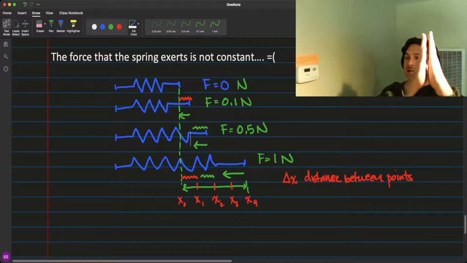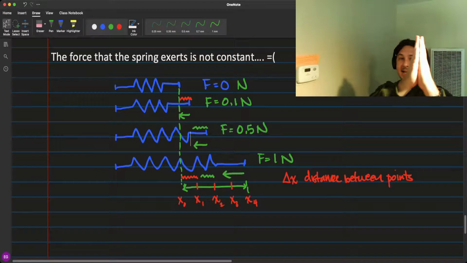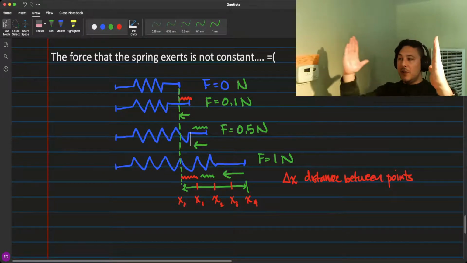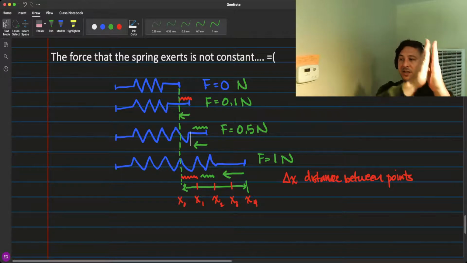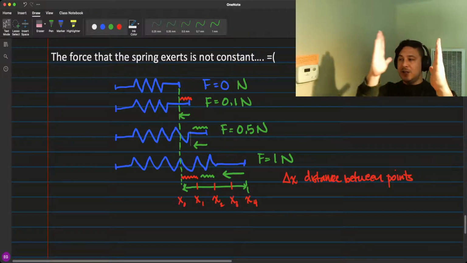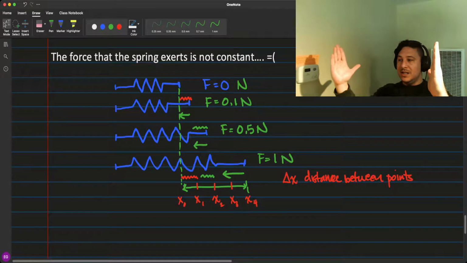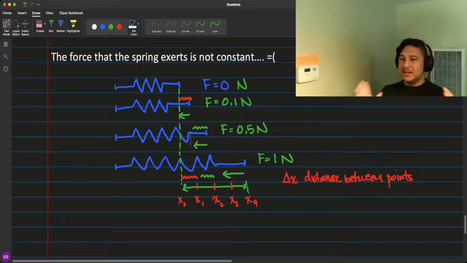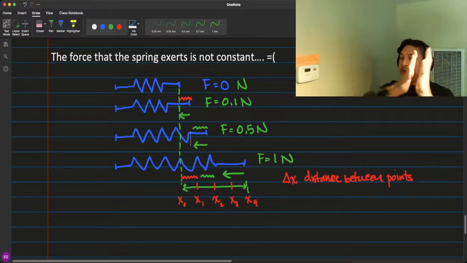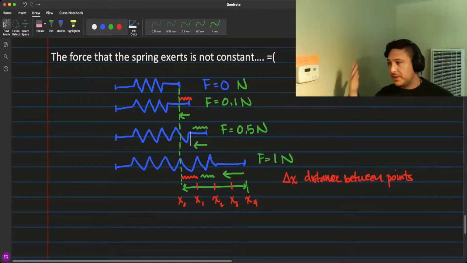Instead of just thinking of a nice continual stretch from here all the way out to here, you can break that down into thinking of it as, first I stretch to here, and then I stretch to here, and then here, and then here, and now I've done all the stretching. So instead of one stretch, you think of it as a sequence of 4 stretches or something.